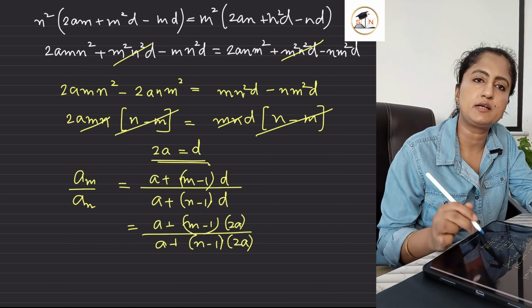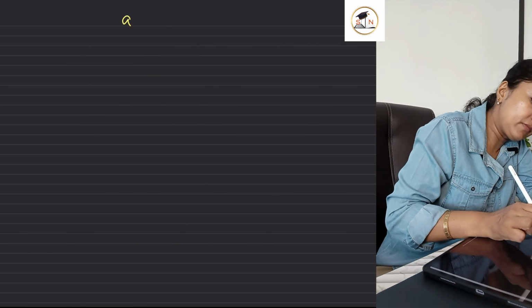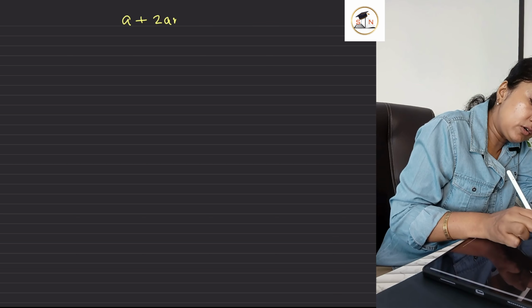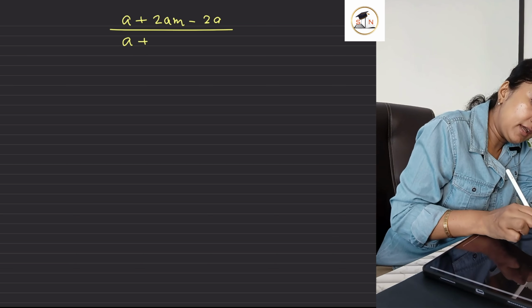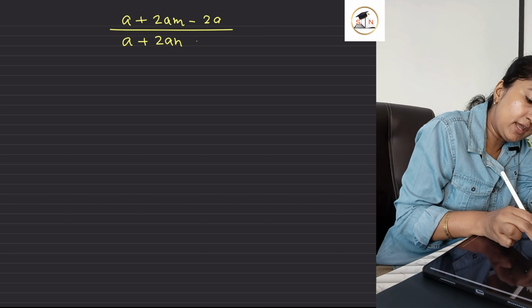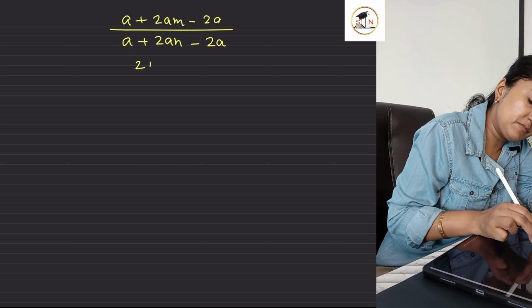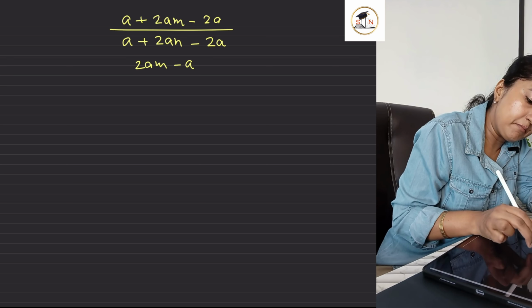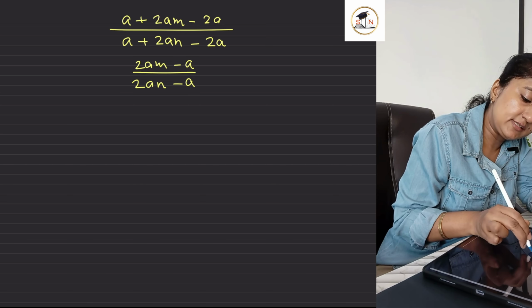So we are going to expand things in the ratio, and that gives us a plus 2am minus 2a over a plus 2an minus 2a. That leaves me with 2am minus a over 2an minus a.